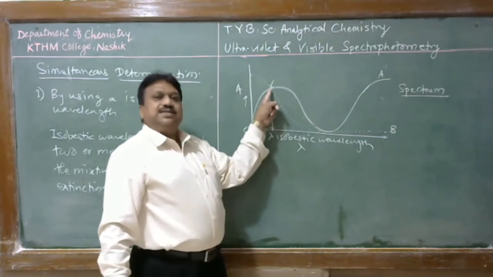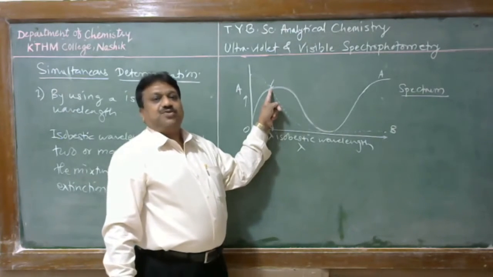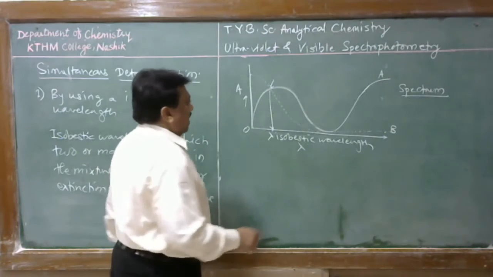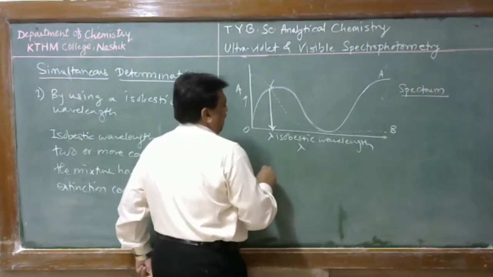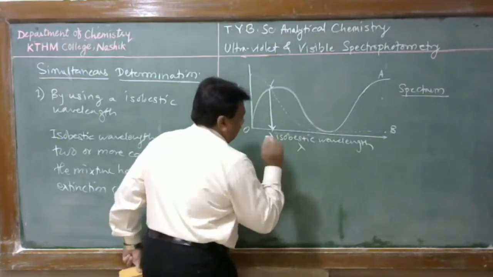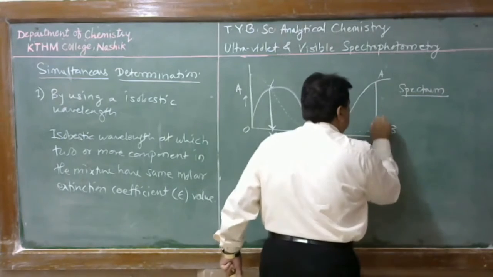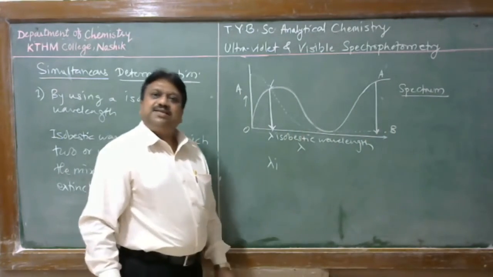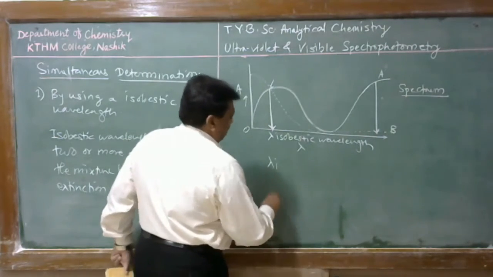We can utilize this isosbestic wavelength for measurement of the absorbance of two components simultaneously. In this spectrum, both components show absorbance at lambda I. And here is the wavelength at which component B does not show absorbance, but component A shows absorbance.